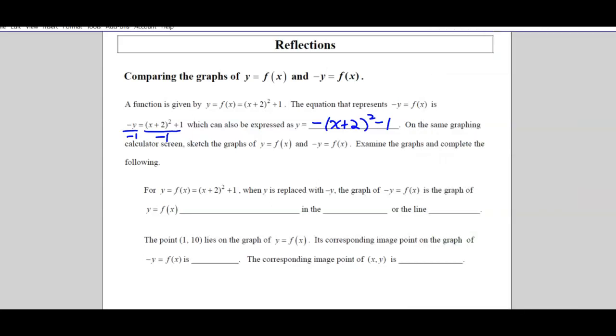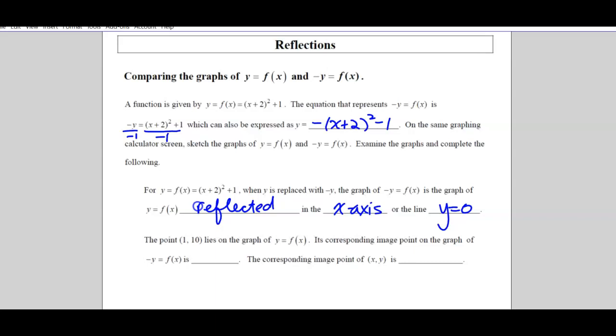So when you take your original and y is replaced with negative y, the new graph is the original reflected in the x-axis. Now the equation of the x-axis is y equals 0. Don't get confused and think x-axis, x equals 0. Remember back to your math 10, a horizontal line is y equals.